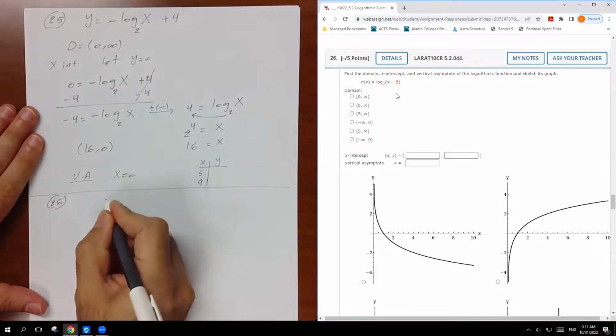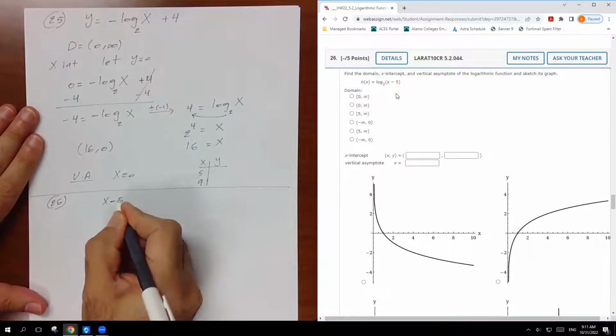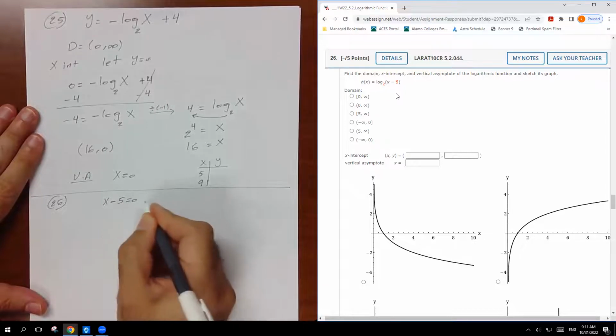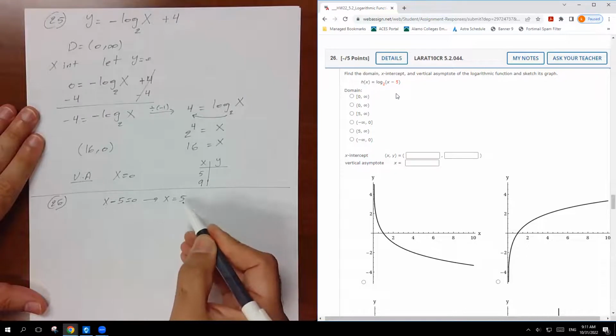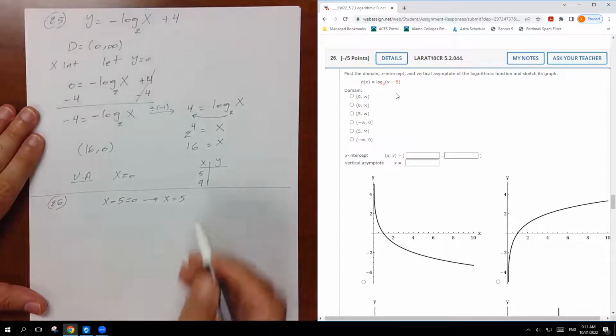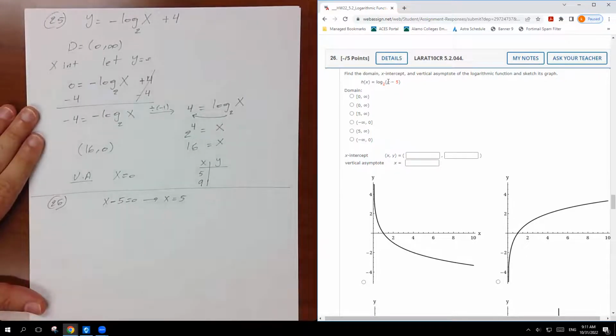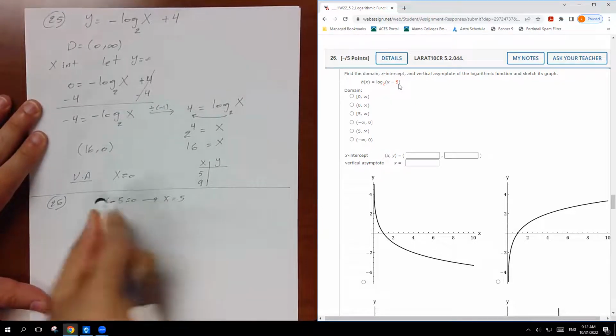I'm going to say x minus 5 equals 0. That means x equals 5. So if I plug in x equals 5 in the function here, it's going to be log to the base 2 of 0, which is undefined. Let's write down the function first.